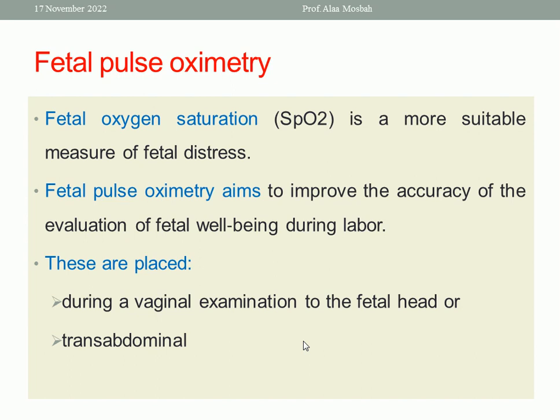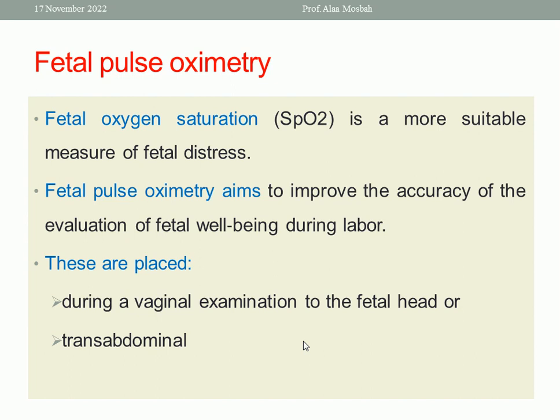Fetal pulse oximetry is based on the idea that fetal oxygen saturation is a more suitable measure of fetal distress. I want to know whether the baby is hypoxic or not, so fetal pulse oximetry is a good choice. It looks like that. But the problem is how to reach the baby to measure the fetal oxygen saturation.